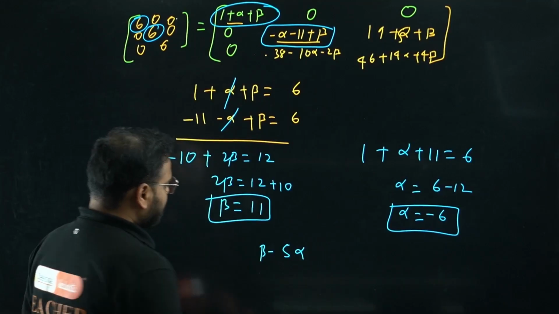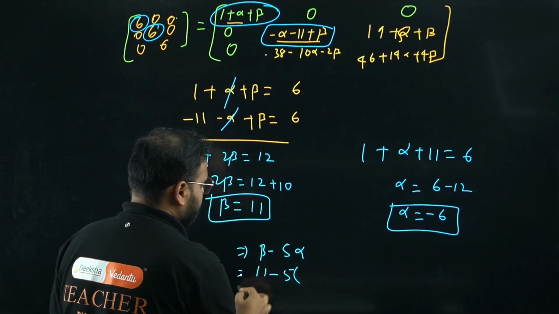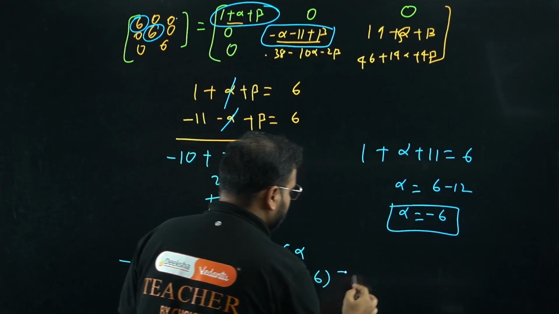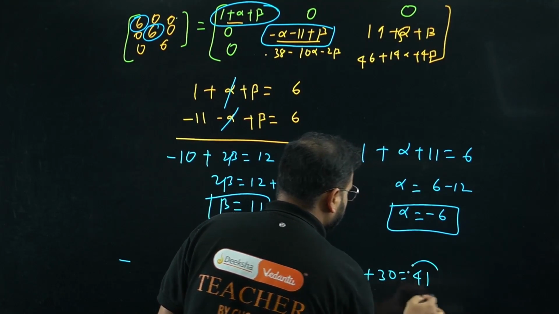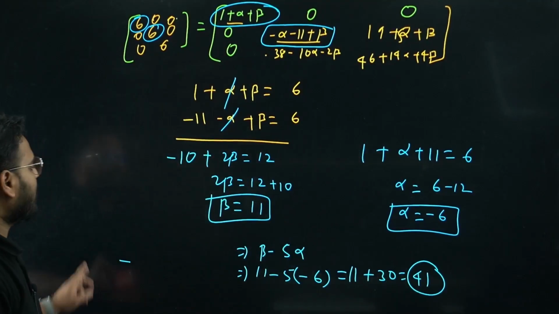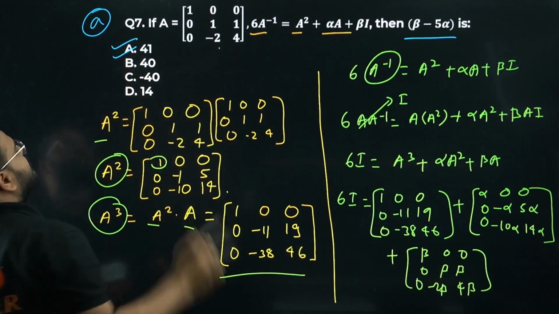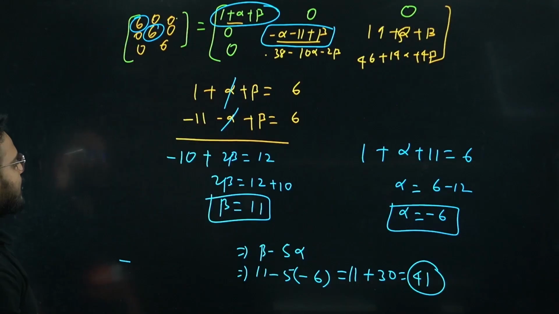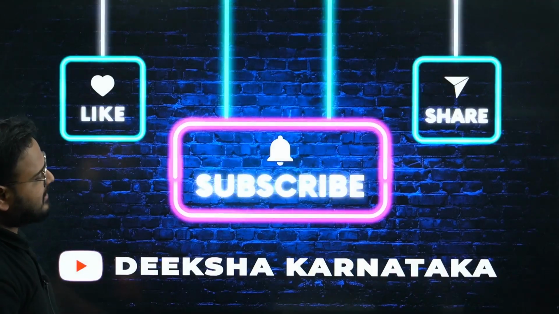So what I get now? 11 minus 5 times minus 6. So 11 plus 30, 41. Option A is correct, sir. Option A is correct. So have a look once again. Here as well.